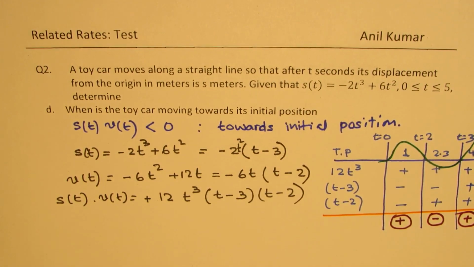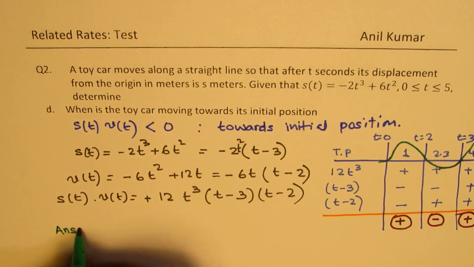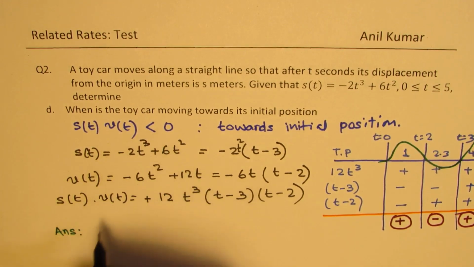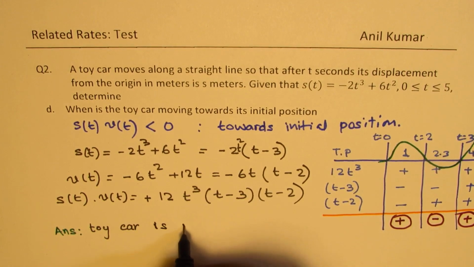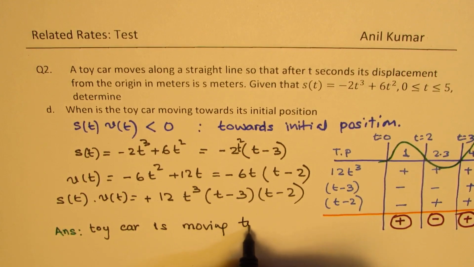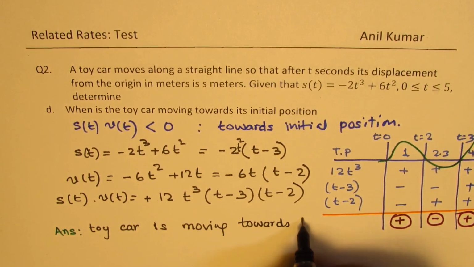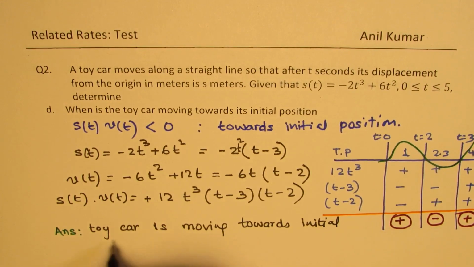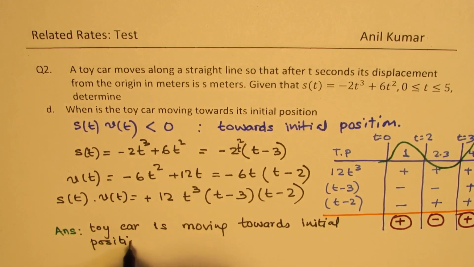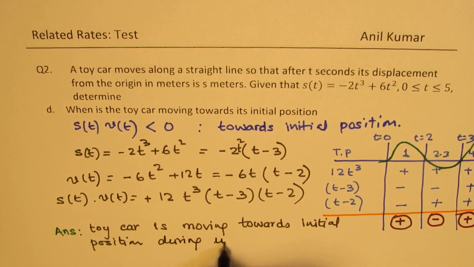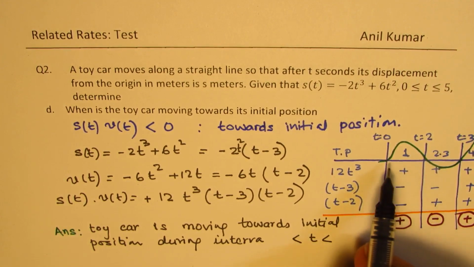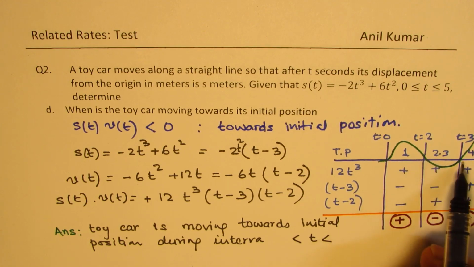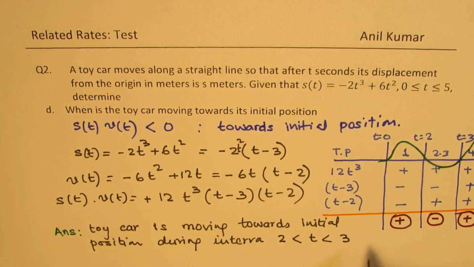So we can now write down our answer, and our answer is that the toy car is moving towards the initial position during the interval, which we can write as an inequality between 2 and 3 in seconds, right?